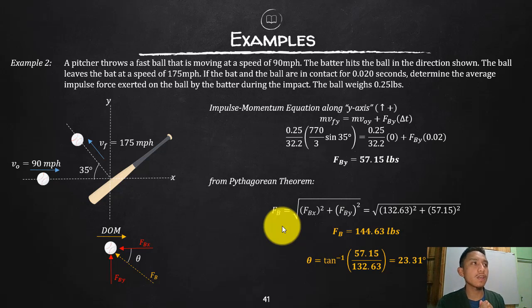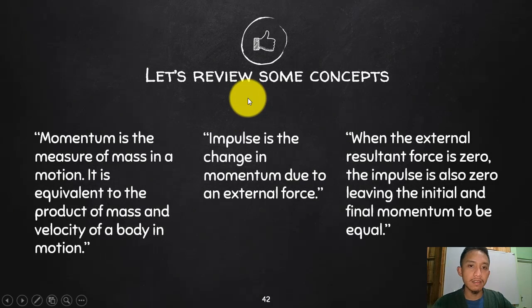But if you have a change in speed or change in momentum, because maybe the body is originally in motion and you suddenly apply an external force, then you will expect a change in momentum, or an impulse. Then you need to make use of the impulse momentum equation to solve any such problem. Okay, so that is for this topic.